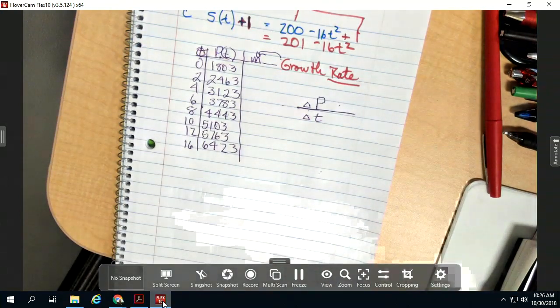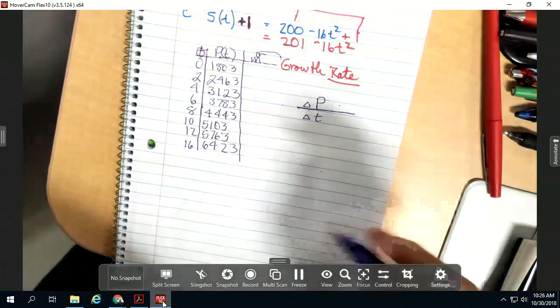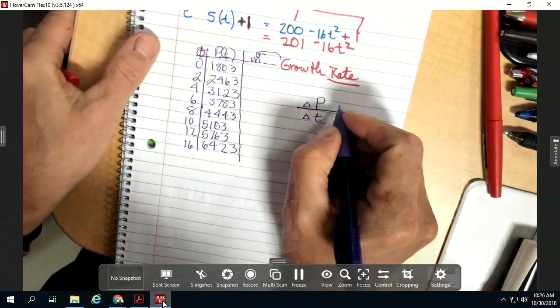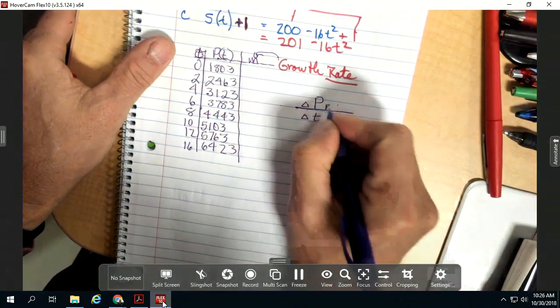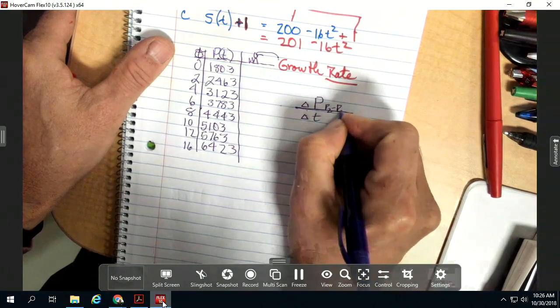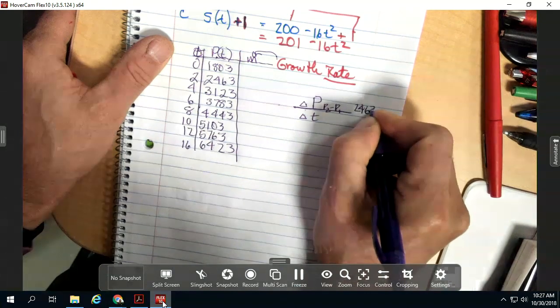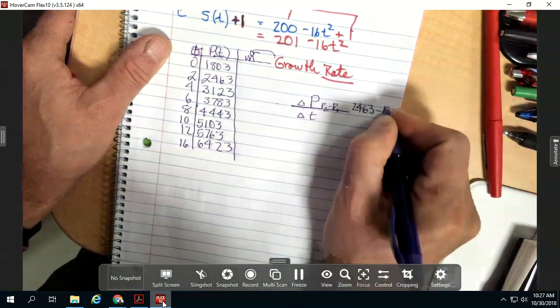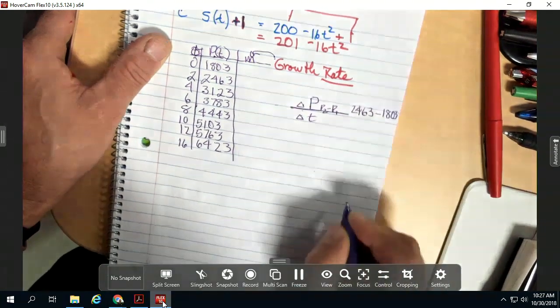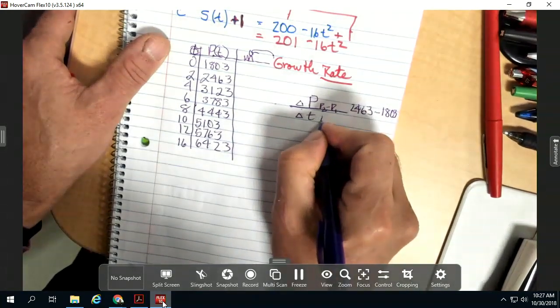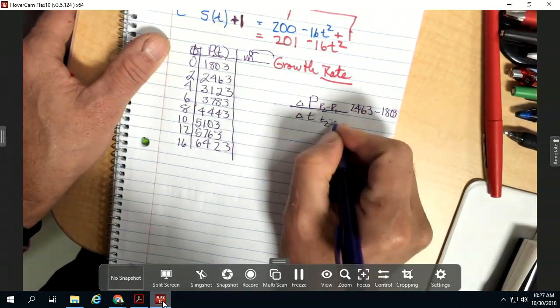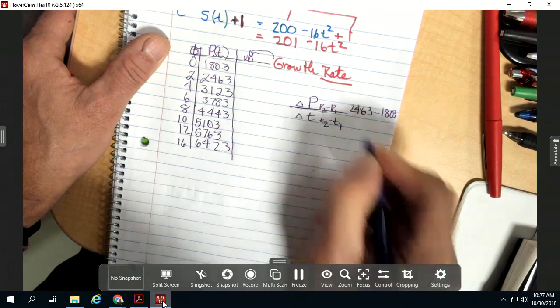That triangle is the Greek letter delta. The change in population. In the first case, here's how we're going to do it. We're going to take the second population minus the first population, or in other words, 2463 minus 1803. And we're going to compare it to the second time minus the first time.